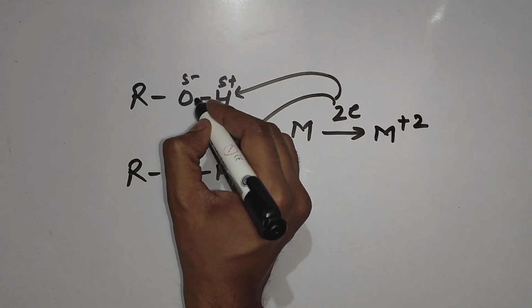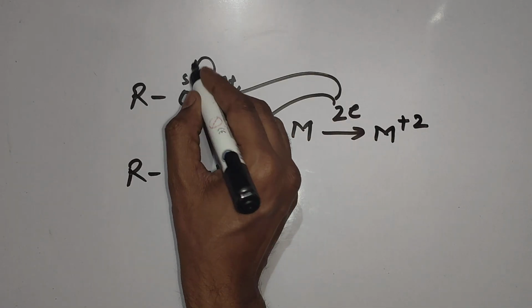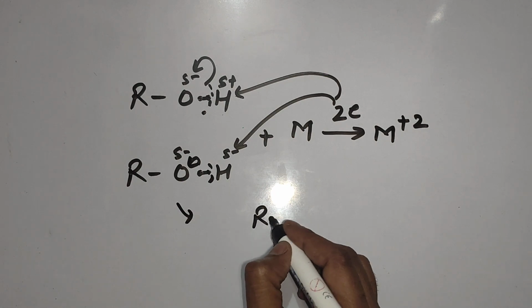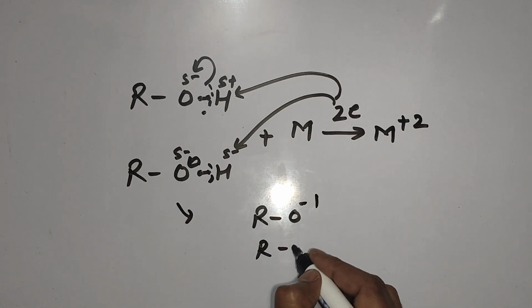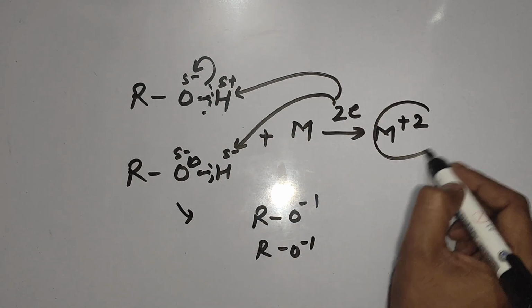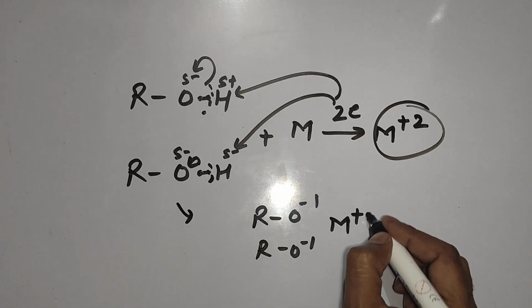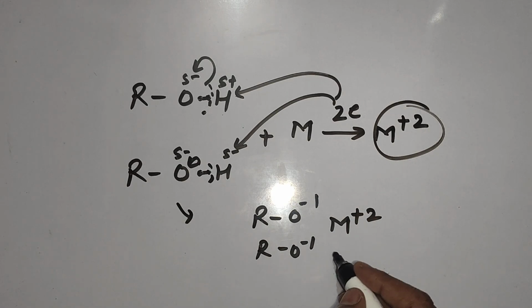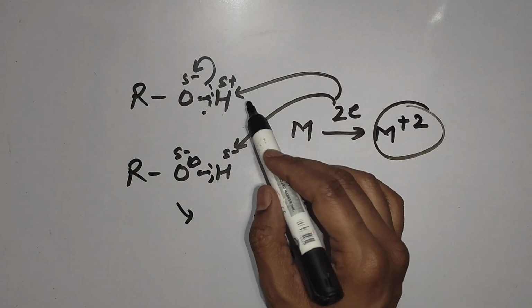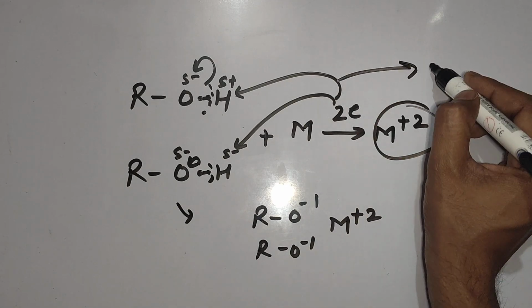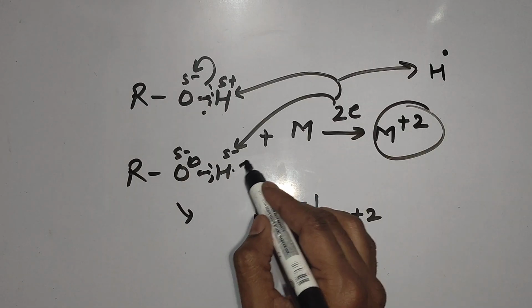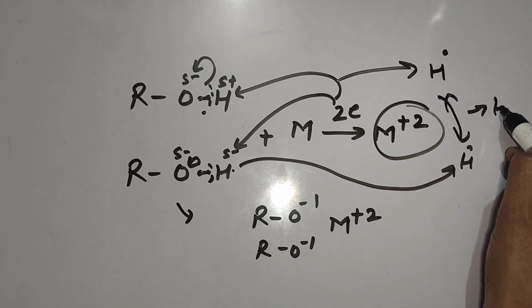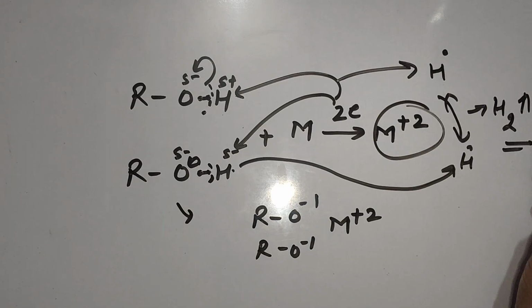Equal distribution. Bond breakage will be there. So 2 times RO negative will generate, and 1 M plus 2 is enough to balance them. This is again metal alkoxide, and from here hydrogen free radical, and from this side also hydrogen free radical will generate, which will combine to create hydrogen gas.